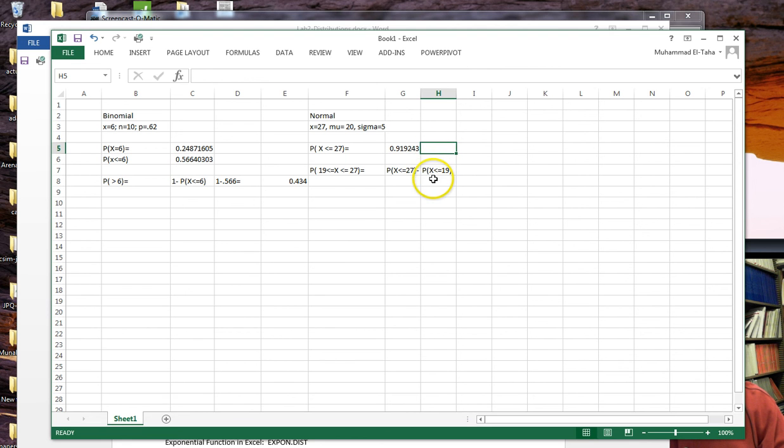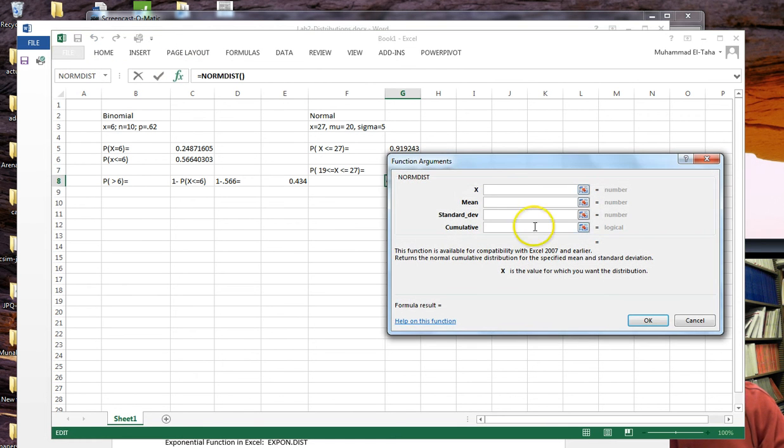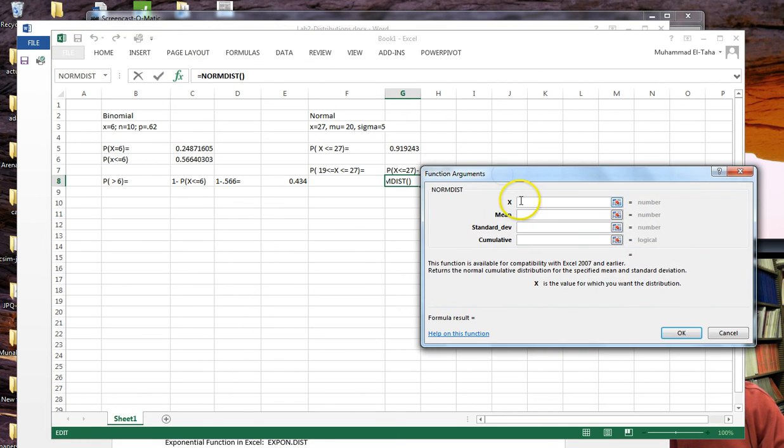Let me copy this, since let's repeat it would be better. So I want to compute this here. So I go up there, say equal normal distribution. We said x is 27, the mean is 20, the standard deviation is 5, and this is TRUE.